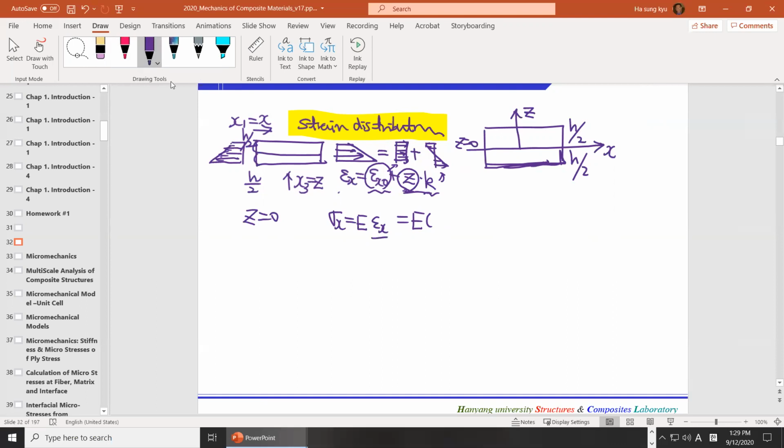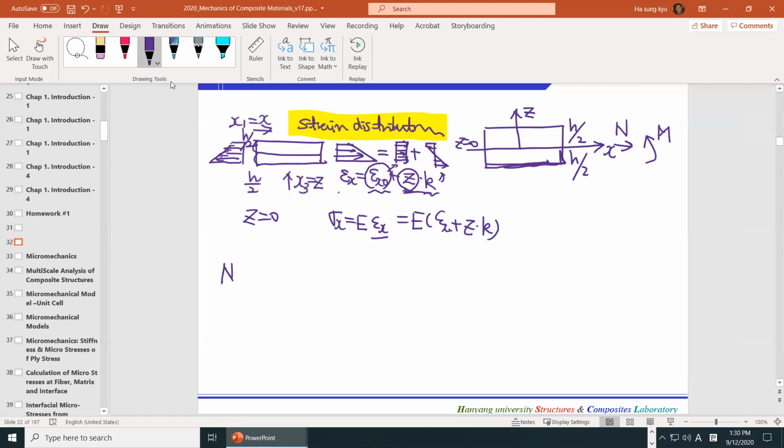Epsilon x is this one, epsilon x0 plus zk, and this is the sigma x. Now, the load we apply on this cross section is N, the axial force, and the moment. These are the loads we apply to the cross section.